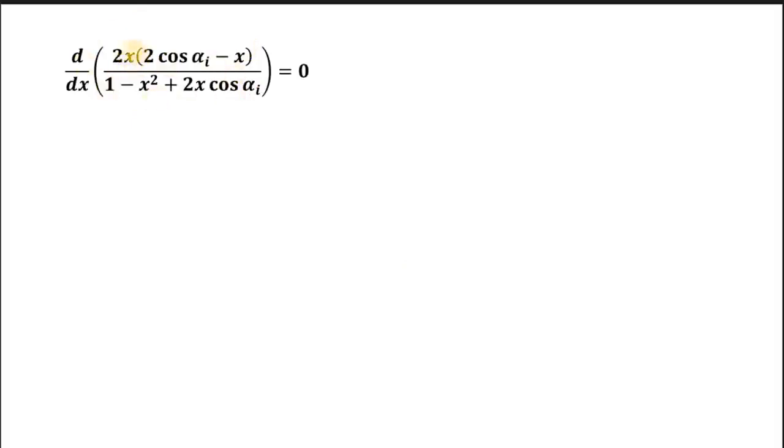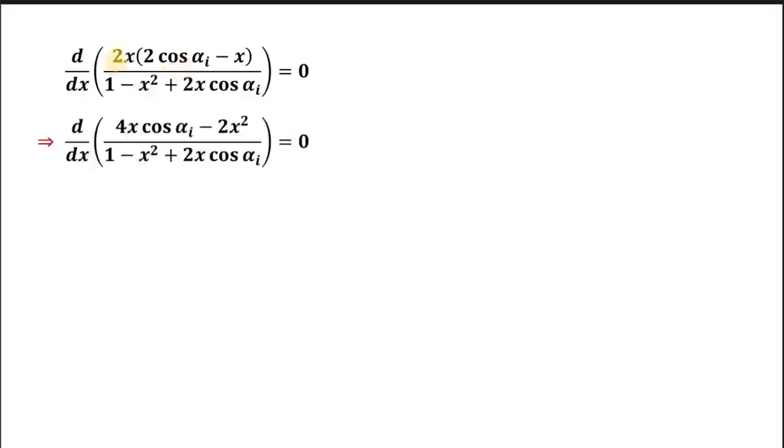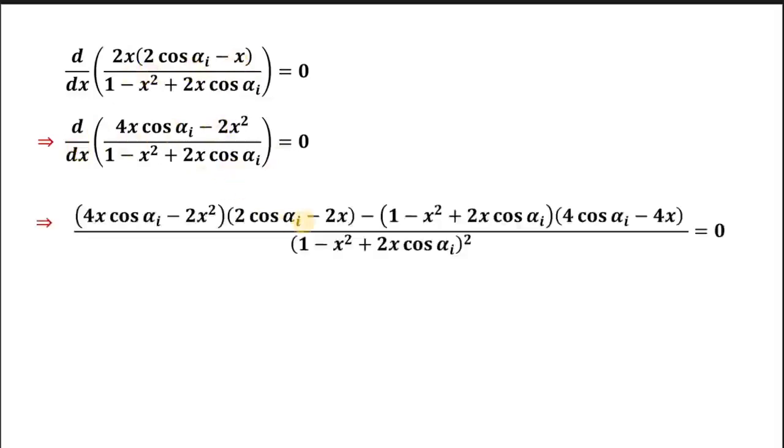In this equation, we have replaced CB over CAI with x everywhere, and alpha I is a constant for a fixed alpha I. We want to differentiate this equation, so here you will apply the division rule of differentiation. You can further simplify it by multiplying 2x into the parentheses. Now you will differentiate this equation by applying the division rule.